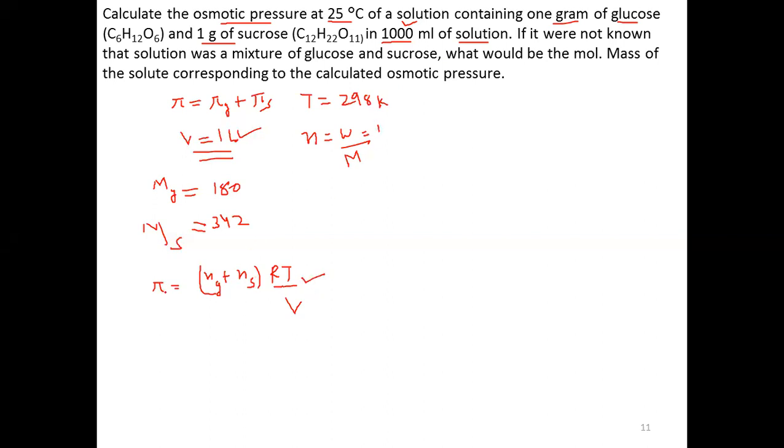So by putting all these values, you can calculate osmotic pressure. So you have to do it by yourself. I have given you the methodology how to do it.